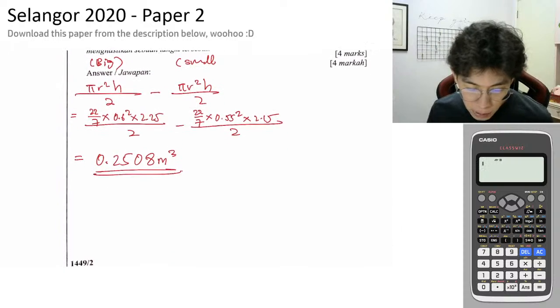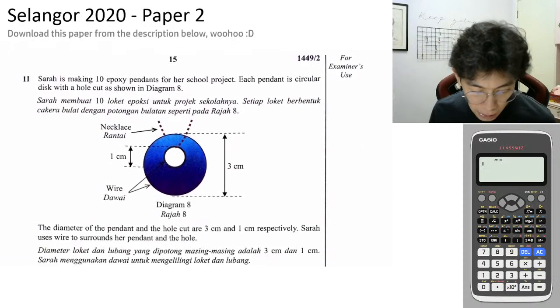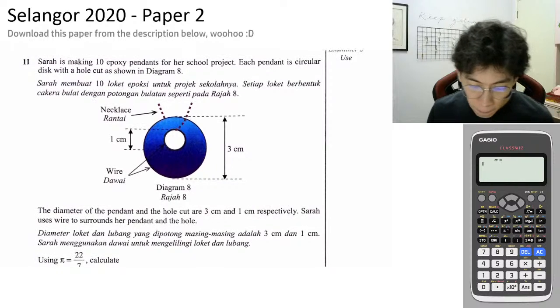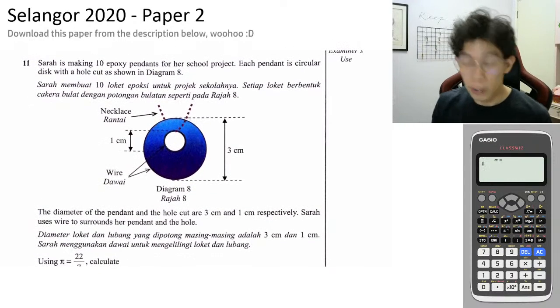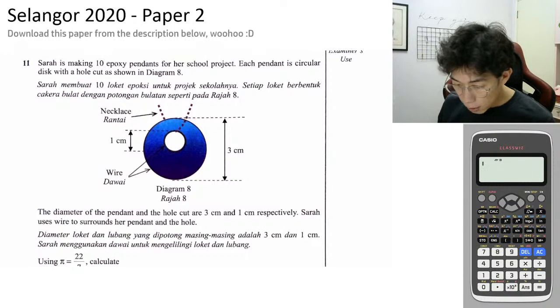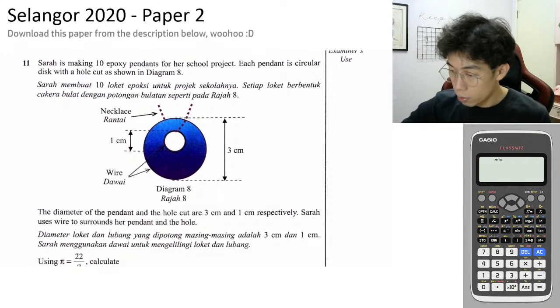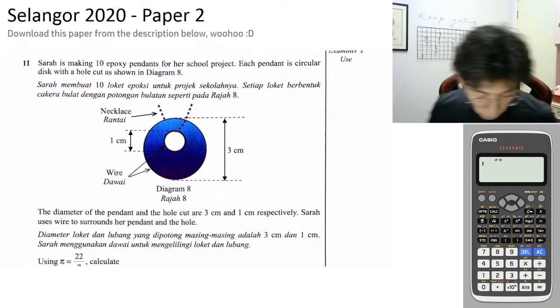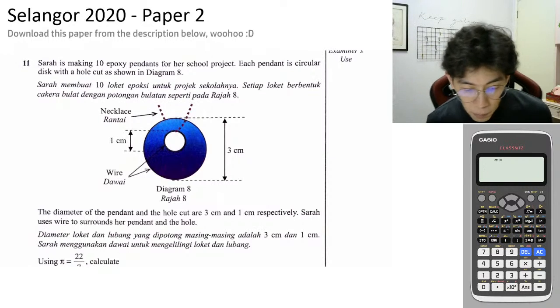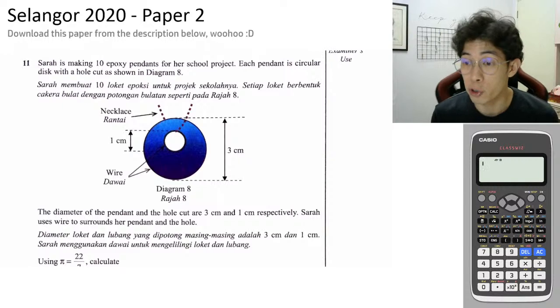Okay, I'll move to the next one, question 11. Let's do it. Question 11 says, Sarah is making 10 epoxy pendants for her school projects.